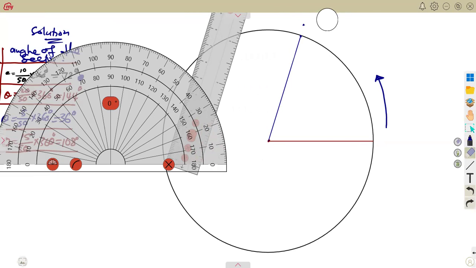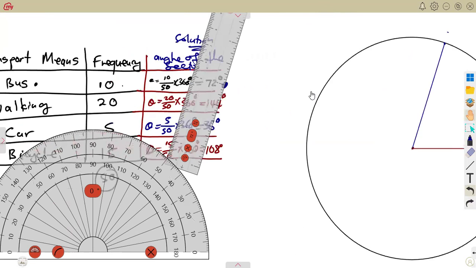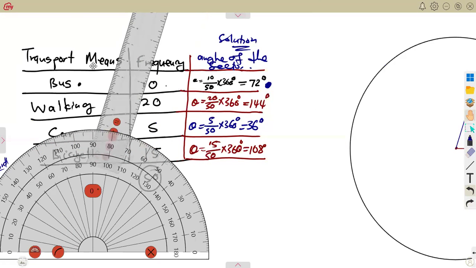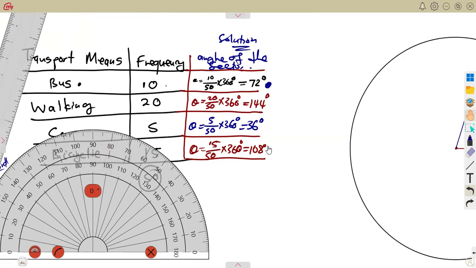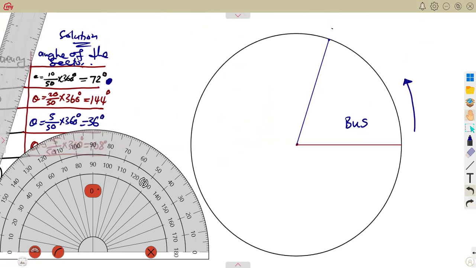That angle that we just measured, guys, is exactly 72 degrees. But what is it representing? It is representing, which means, by bus. So you write what it is representing here, by bus. Don't even bother to write that the angle is 72. They have all these instruments to measure when marking. So do not worry that you are saving someone's job.